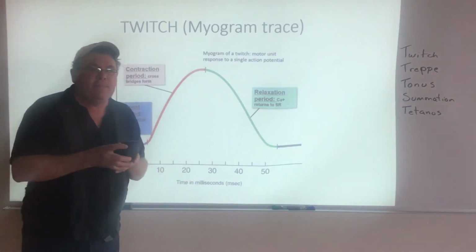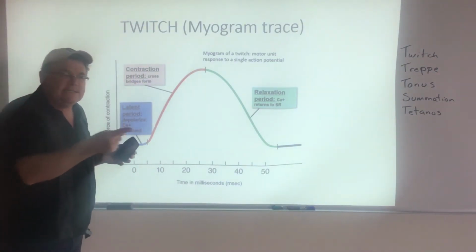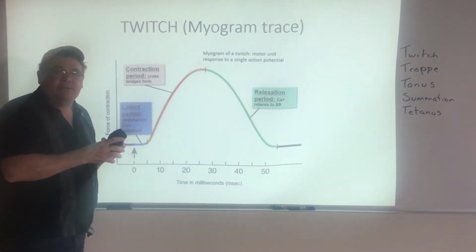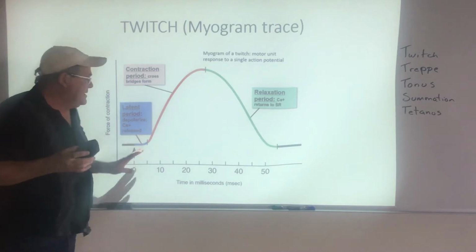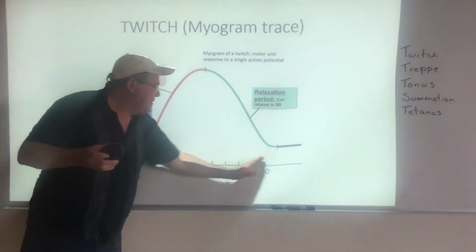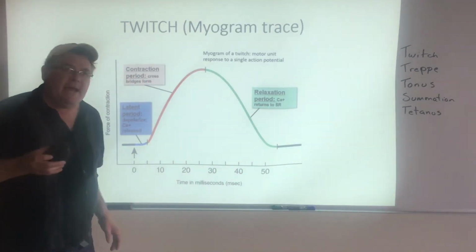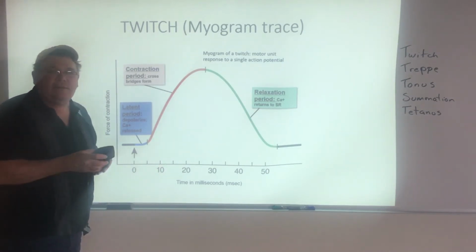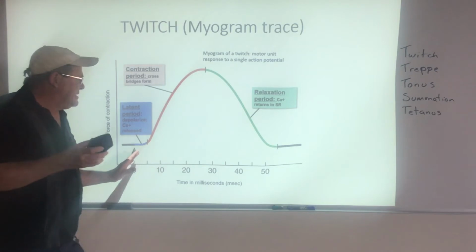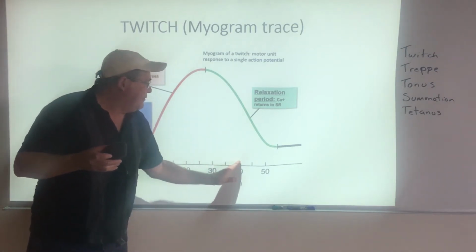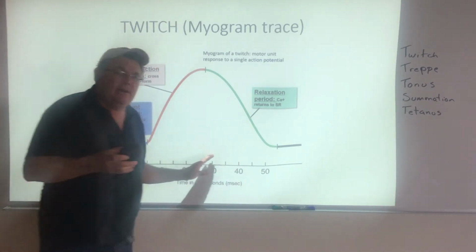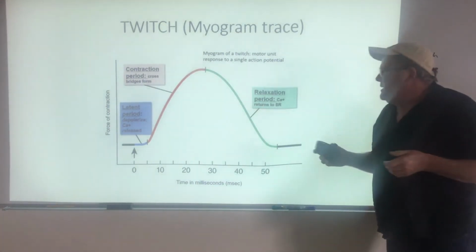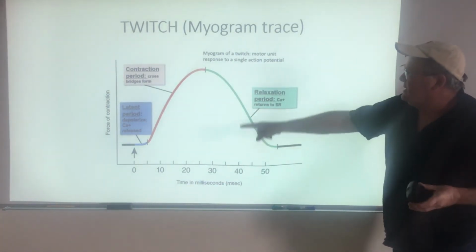So a twitch is one stimulus. You hit it once, and you watch what that myofiber does. The only issue I have with this x-axis in milliseconds is that it depends on the fiber. Some might be maybe 40 milliseconds of contraction and then 40 of relaxation. But that's okay, you at least get the idea.